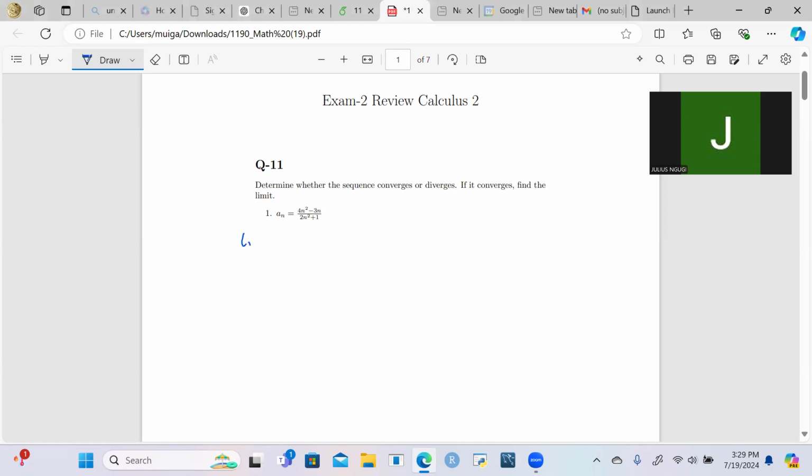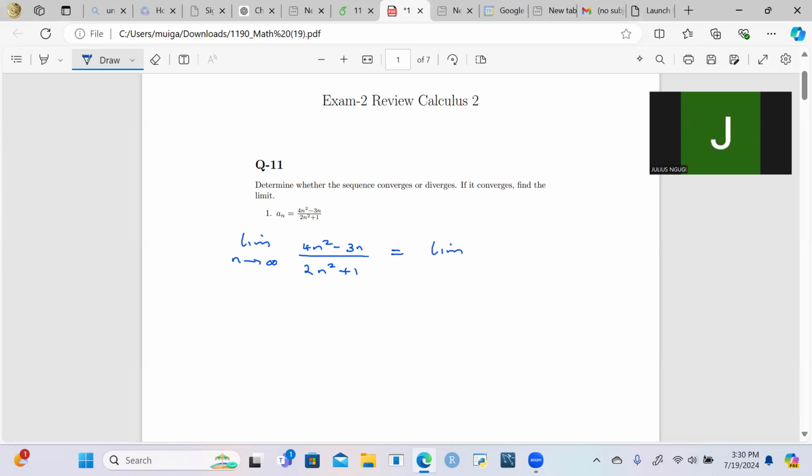So we find the limit as n approaches infinity of 4n squared minus 3n divided by 2n squared plus 1. And because we are approaching infinity, we need to look at the end behavior of this function.